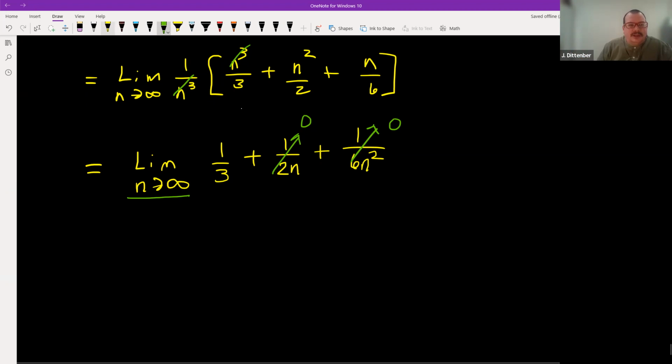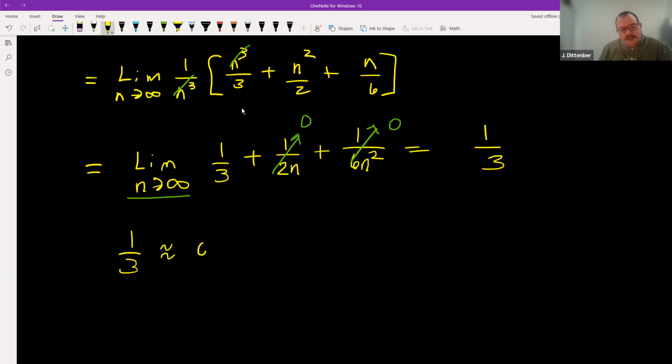So it turns out that when we take the limit, we get 1 over 3. And 1 over 3 is approximately 0.3333. And you can see that this is exactly what we saw on the slide earlier.